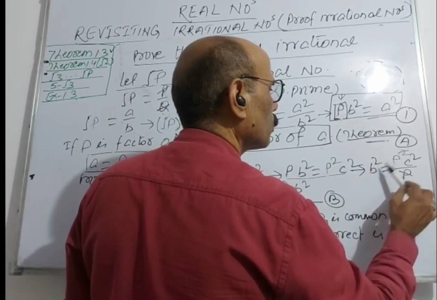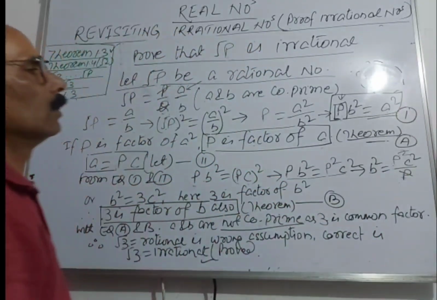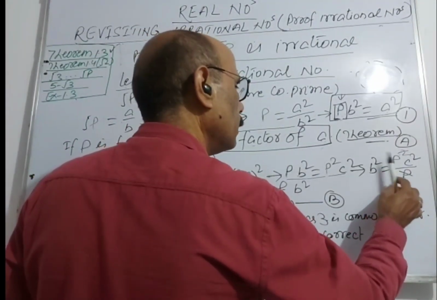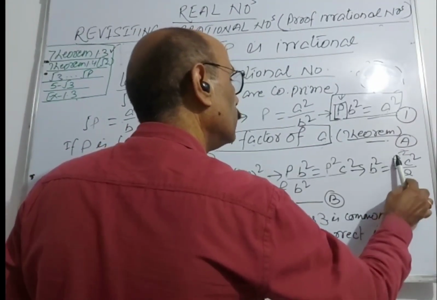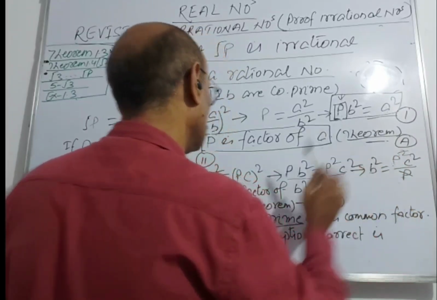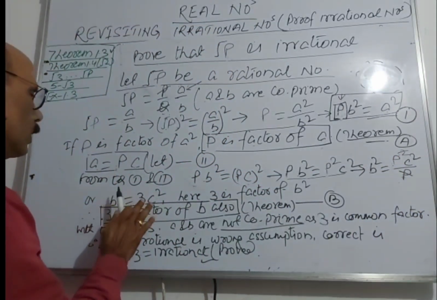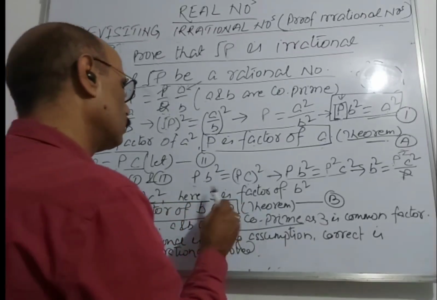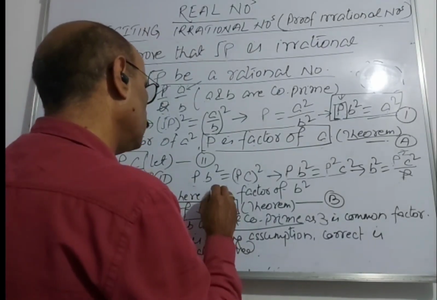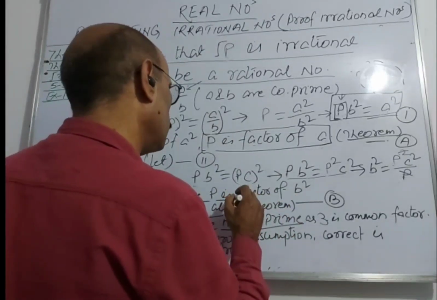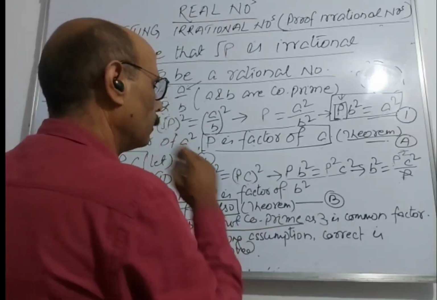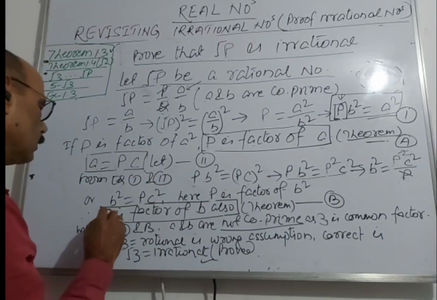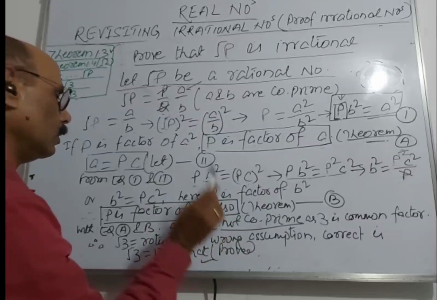So the factors of b squared are p and c squared. That means p is a prime factor of b squared, so p has to be a prime factor of b also. So b squared is equal to p c squared, p is a prime factor of b squared, and that means p is a factor of b also.